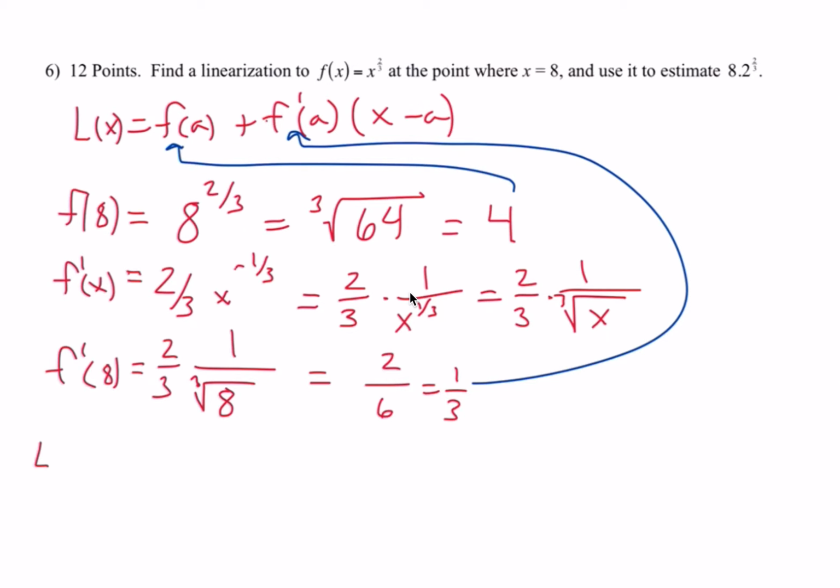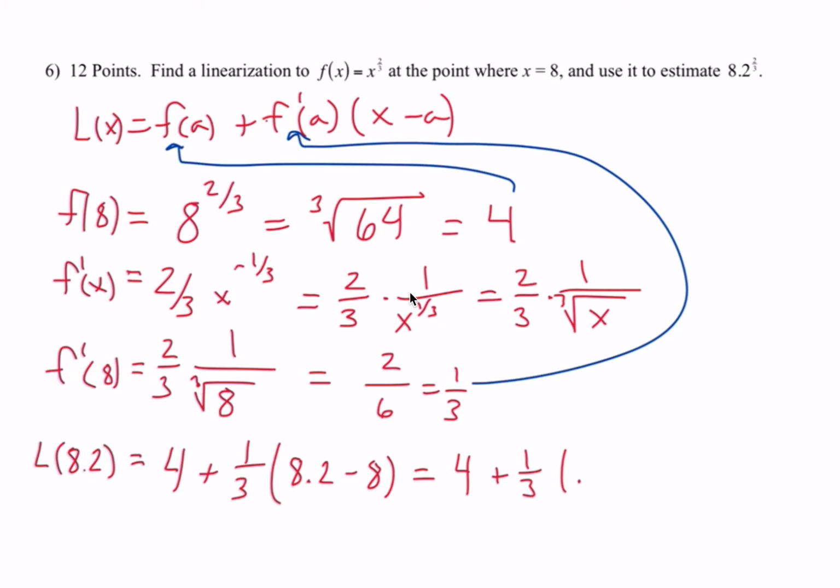So our linearization at 8.2 is going to be 4 plus 1/3 of 8.2 minus 8. So we'll have 4 plus 1/3 of 0.2.